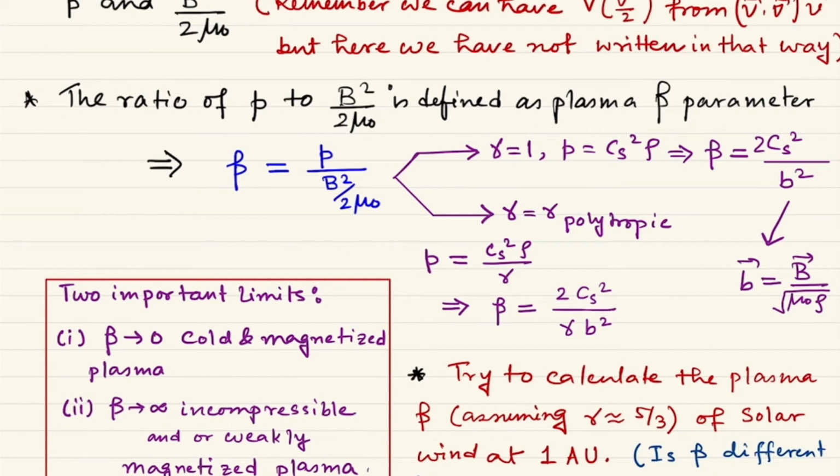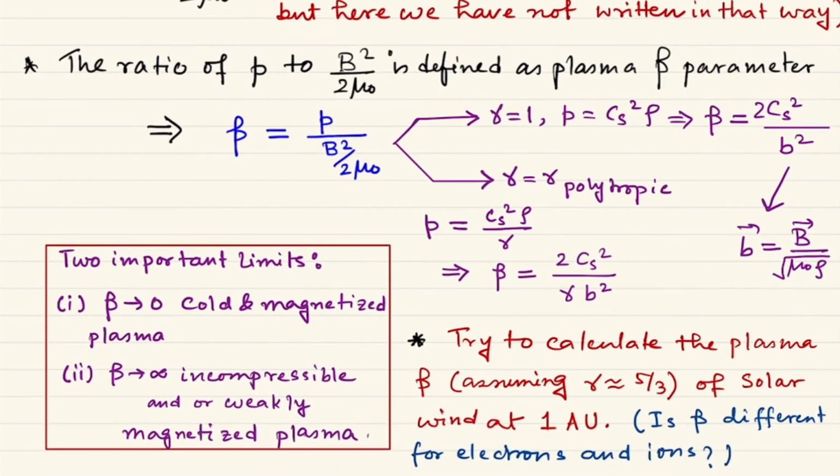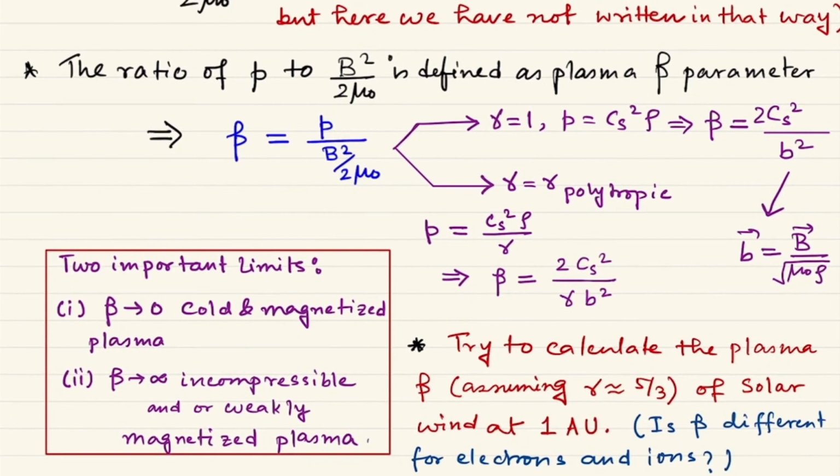To be very honest, in my opinion, although according to the literature I wrote here incompressible, maybe it is more appropriate to say that it is a hot and weakly magnetized plasma. So incompressible, for the time being, I write like this.